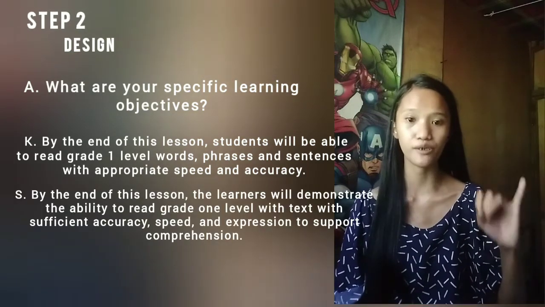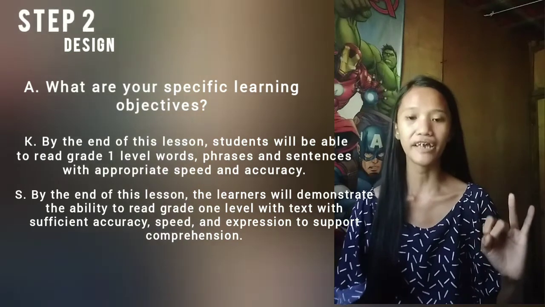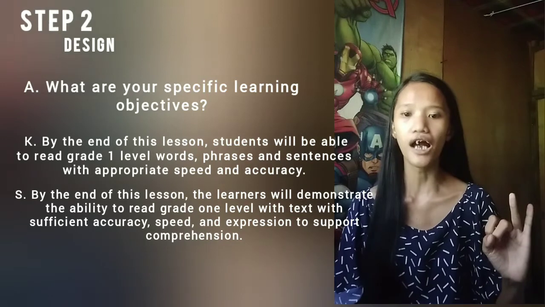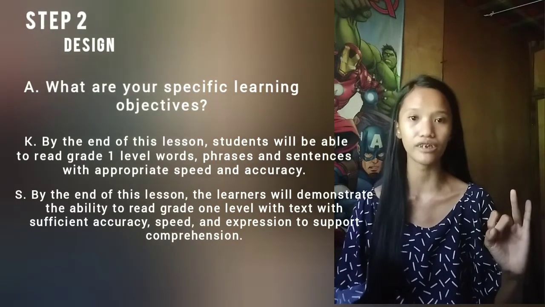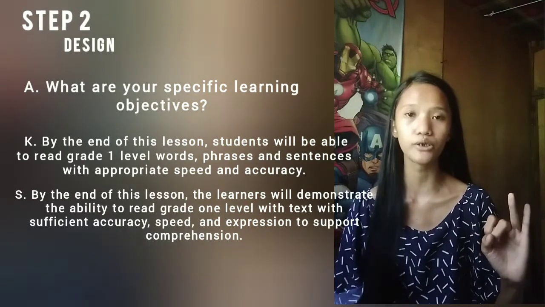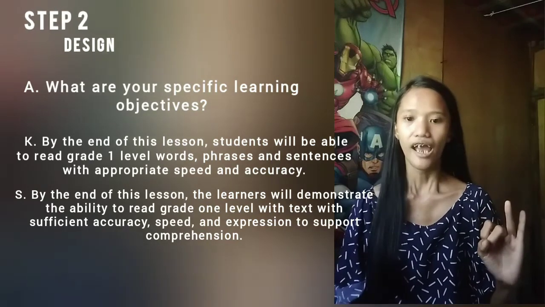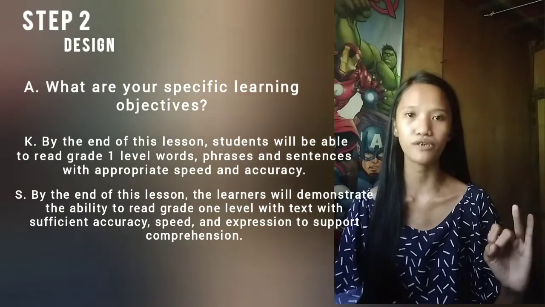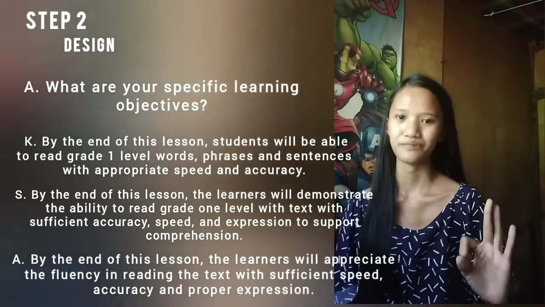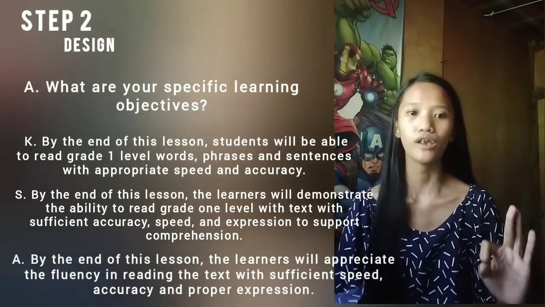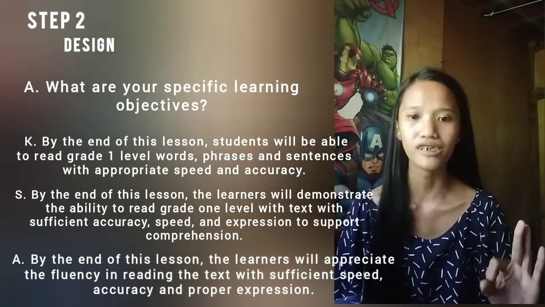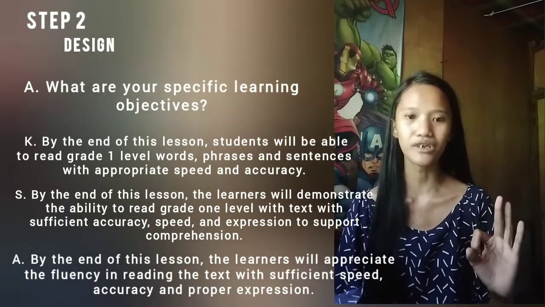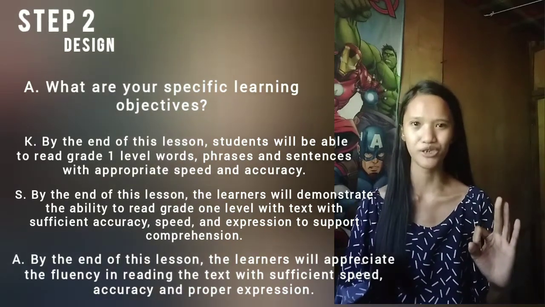Learning objectives S: by the end of this lesson, the learners will demonstrate the ability to read grade 1 level text with sufficient accuracy, speed, and expression to support comprehension. Learning objectives A: the learners will appreciate the fluency in reading the text with sufficient speed, accuracy, and proper expression.